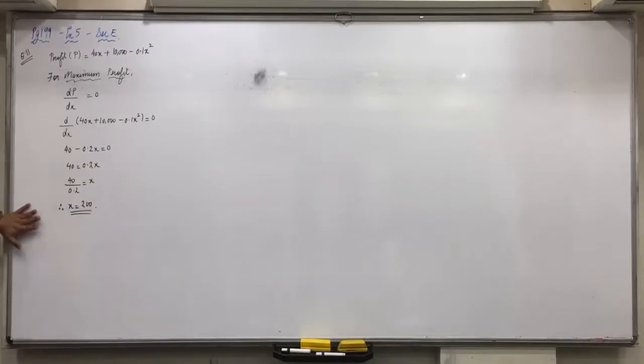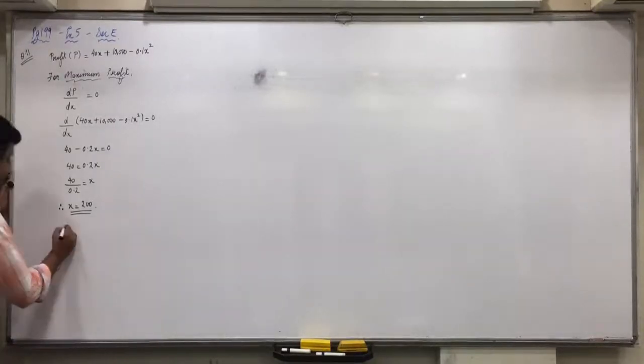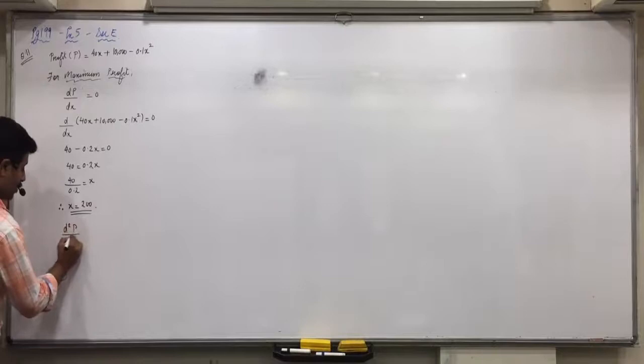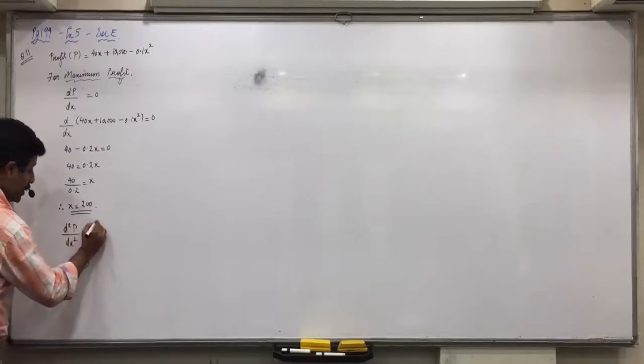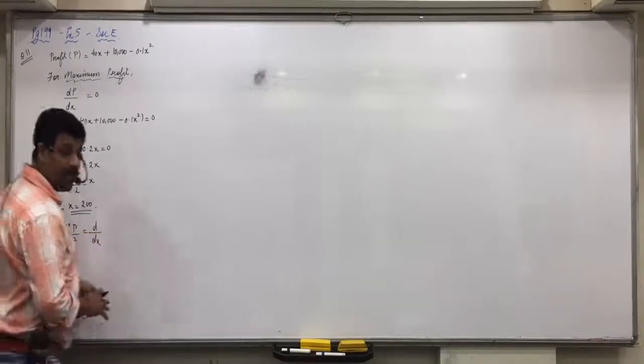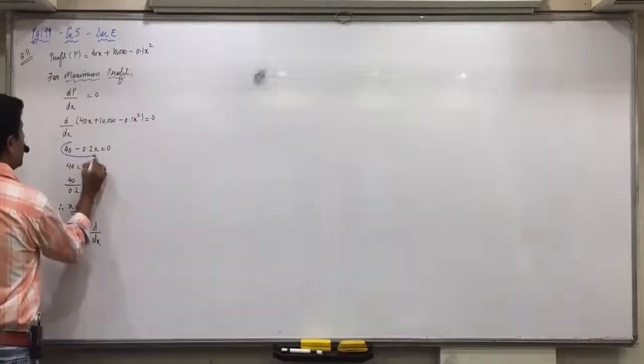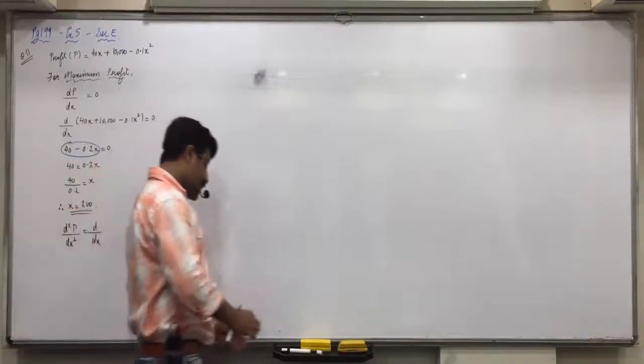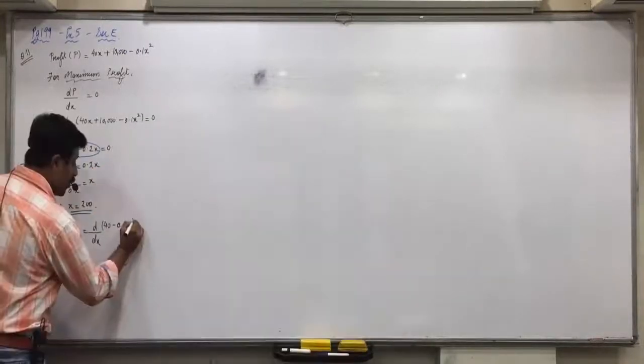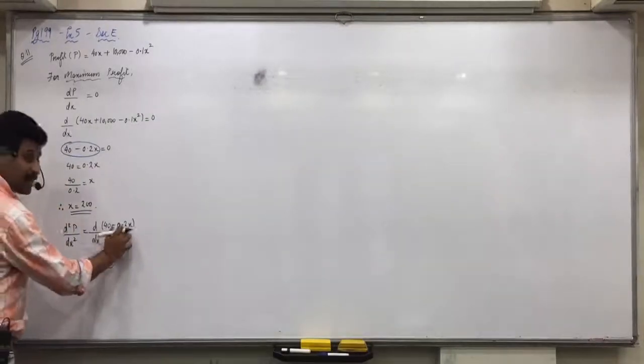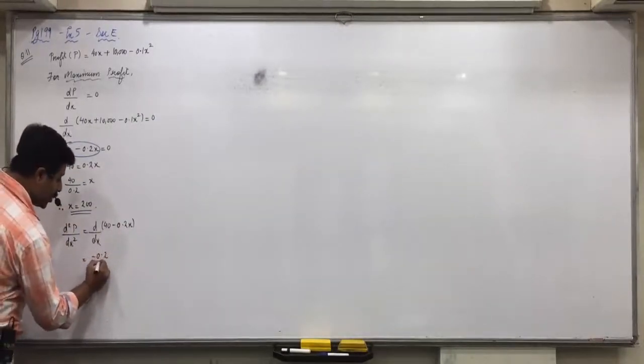Yes. For a single value of x, d²P upon dx² is automatically going to come negative. d²P upon dx² equals d upon dx of dP upon dx, which was 40 minus 0.2x. We differentiate again: 40 becomes 0, minus 0.2x becomes minus 0.2.